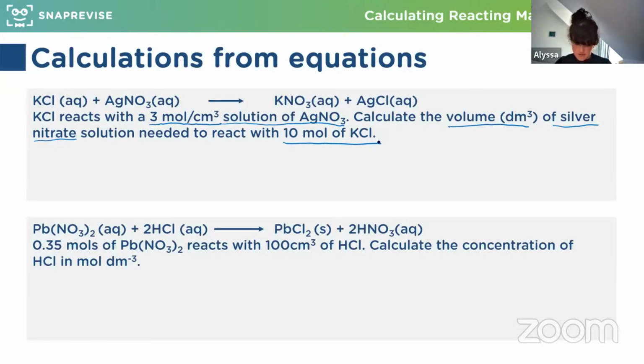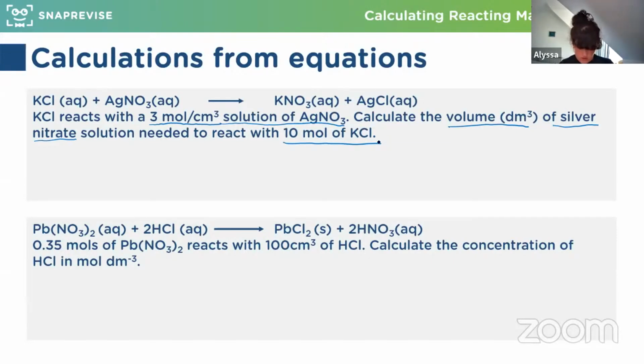Anybody got an answer for this one? For this first one, we were trying to work out the volume of silver nitrate solution needed to react with 10 moles of KCl. What are we thinking? Anybody got any ideas?